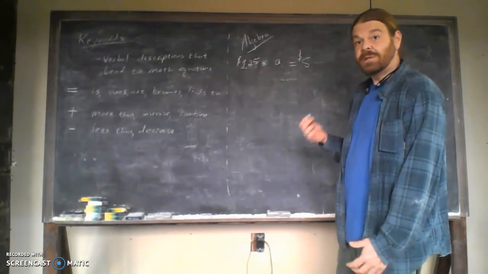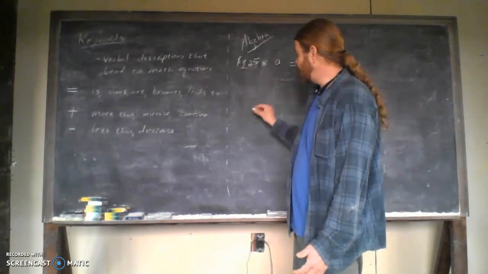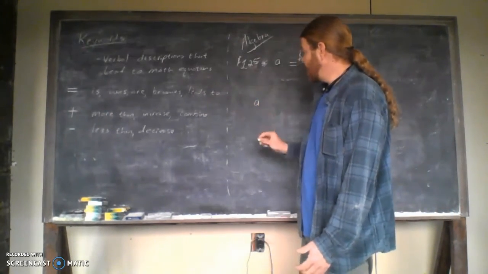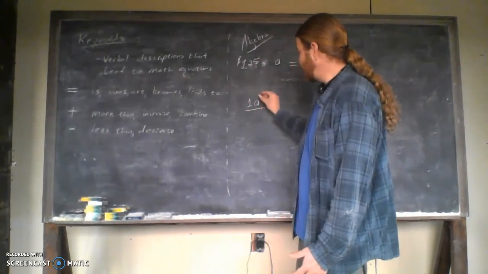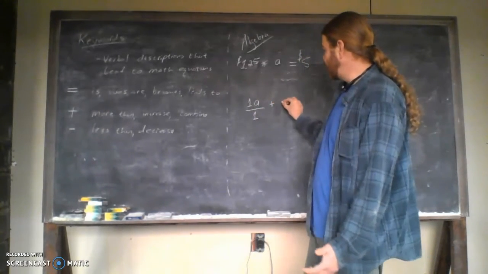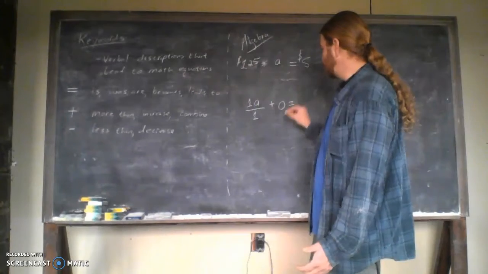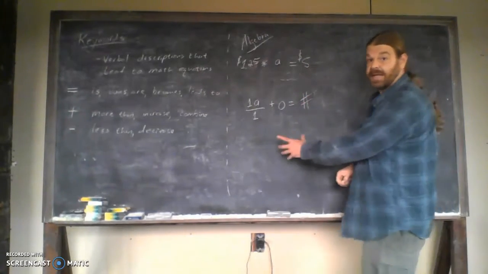And with algebra, we always want to get back to a certain form. I'll use the A there. But ultimately, we want to have 1 times A divided by 1, either plus or minus a 0, equals some number. Because this is back to that very original part.